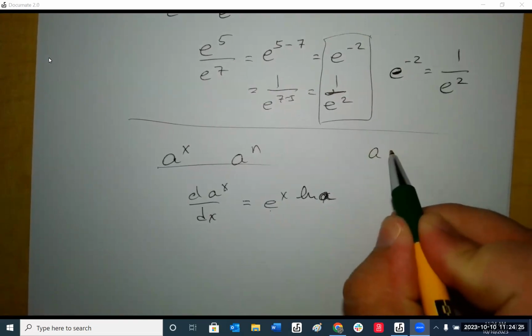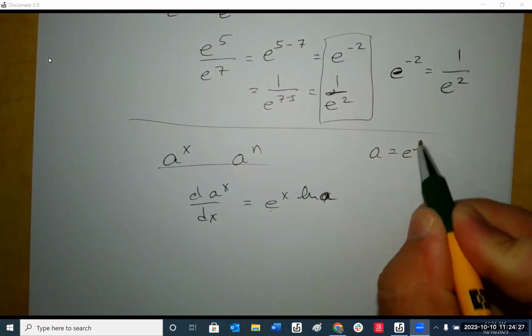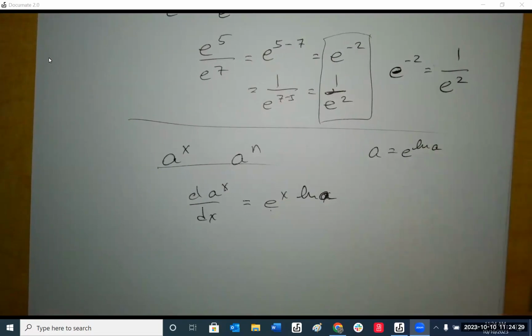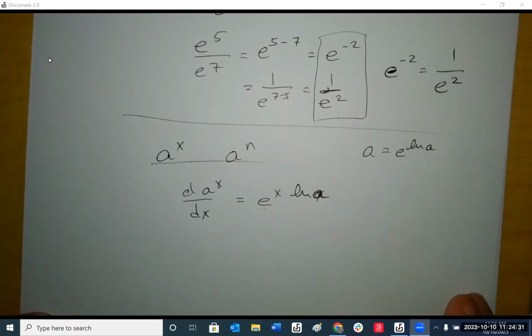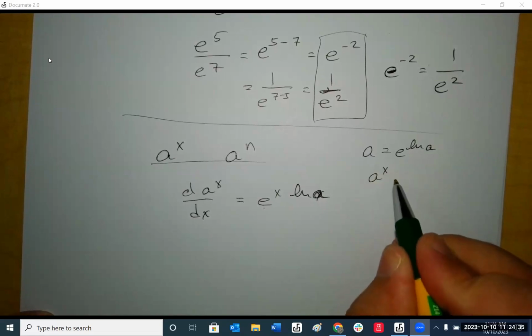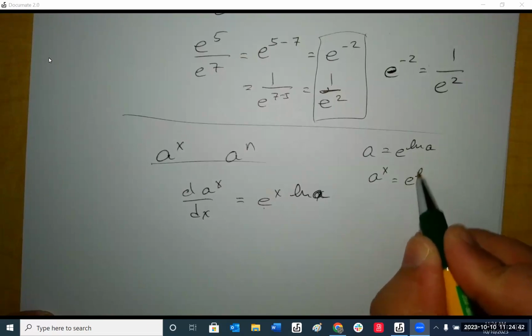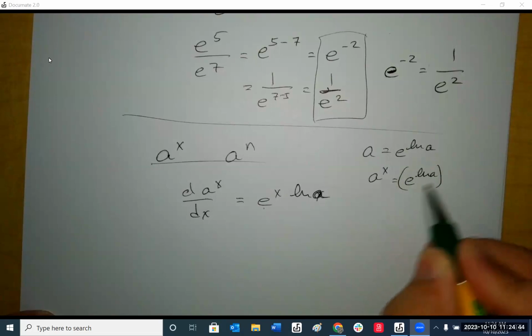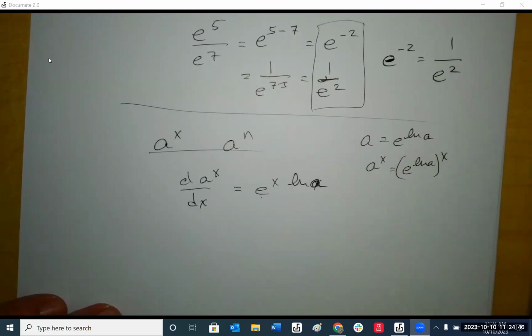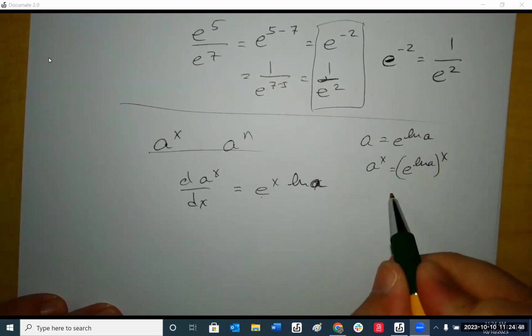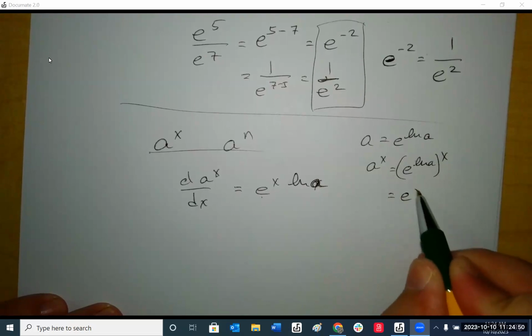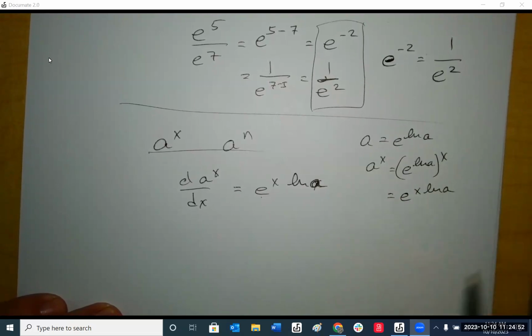Because a is the same thing as e to the ln a. So if we have a to the power x and we have e to the ln a, to the power x, then power to a power you multiply. So we have e to the x ln a.